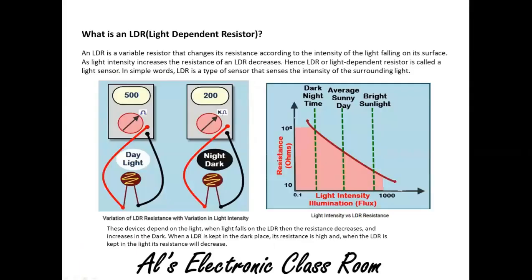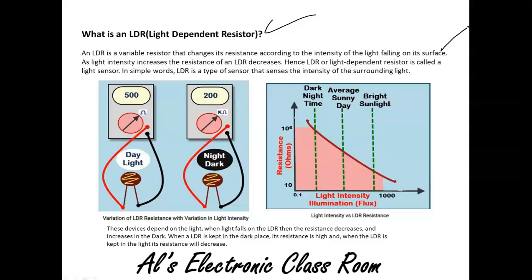Okay, let's talk about what this LDR is. It stands for light-dependent resistor. As we state here, an LDR is a variable resistor that changes its resistance according to the intensity of light falling on its surface. I'm going to have these slides for download, so you can read the rest of this.